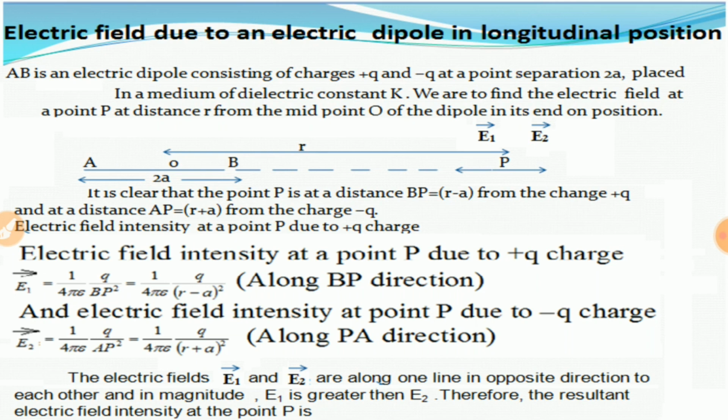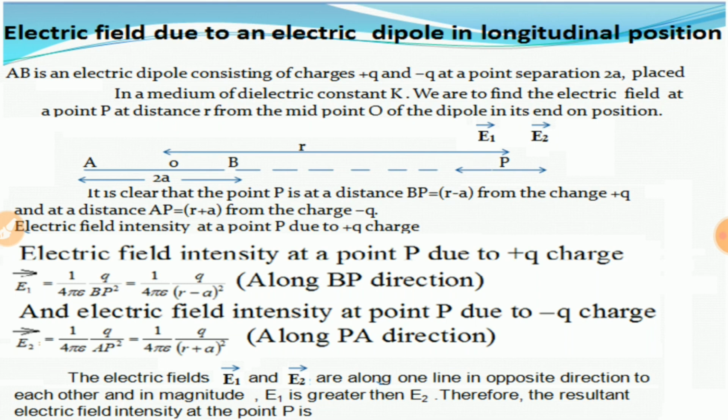The distance from the midpoint of the dipole to point P is r. So the distance from the minus q charge to point P is AP equals r plus a, and the distance from point P to the plus q charge, point B, is BP equals r minus a.